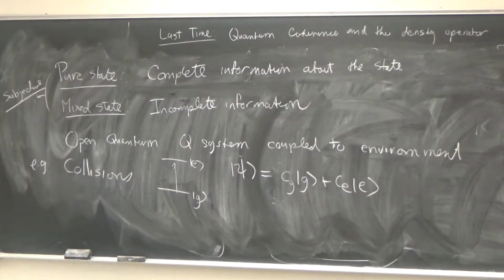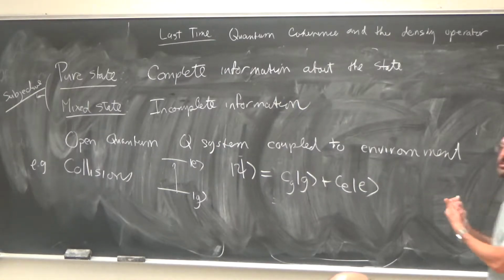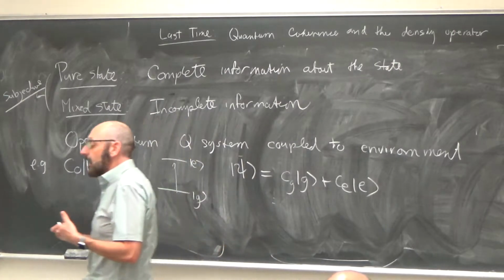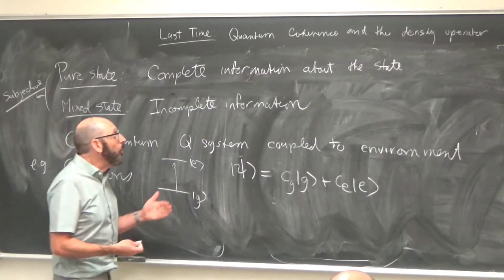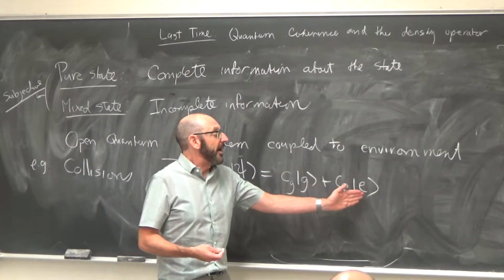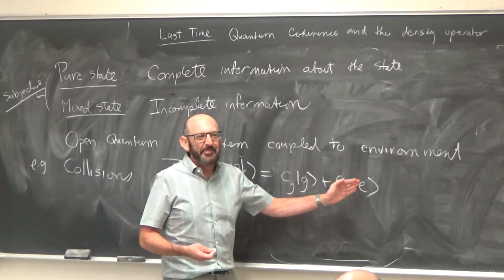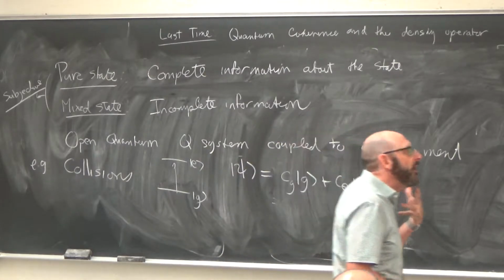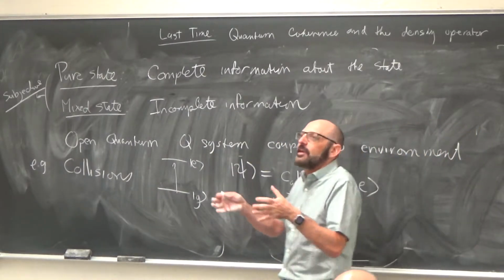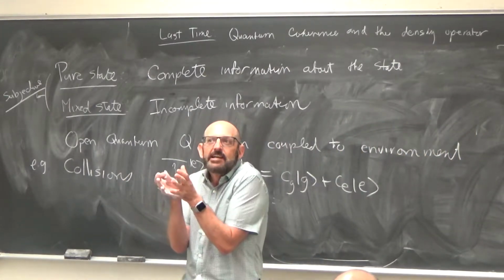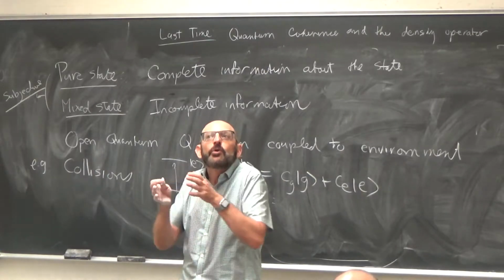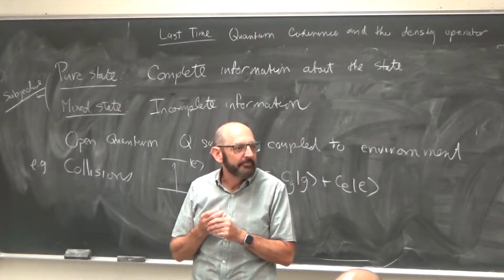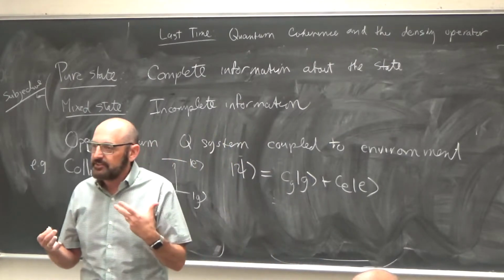Now, if I have a collision between these two atoms, and that collision is an elastic collision, one that doesn't cause the population from the excited state to go to the ground state or vice versa, then the way we would model that is we would say that there's some energy associated with that, integrated over some time, which gives me a phase shift.